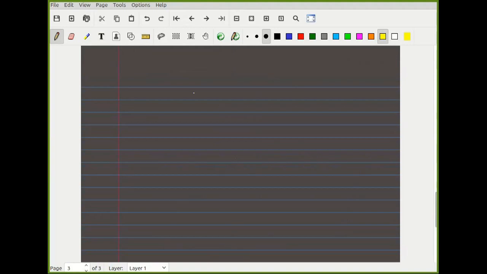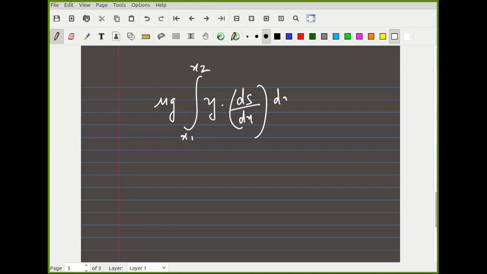Now I think we'll do a small manipulation. I'll write it as mu g integral from x1 to x2, of course, because we are integrating with respect to dx. So the y ds we will write as y times the rate of change of arc length element, and then integrate with respect to dx.